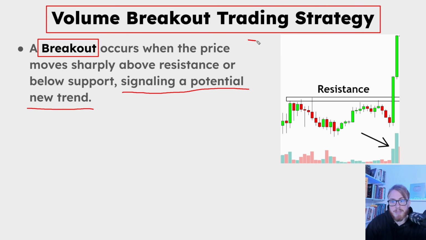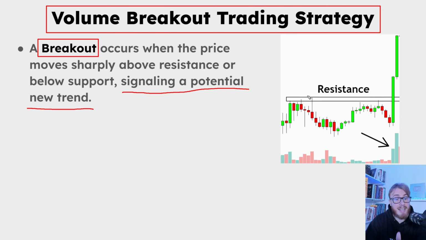If you take a look at this image right here, you can first of all see that we have a clear resistance. What do we mean by resistance? Well, the resistance here is the level where the price fails to break through multiple times. You can see we got a touch 1 time, 2 times, 3 times, 4 times. Multiple times the price tried to push above this level.